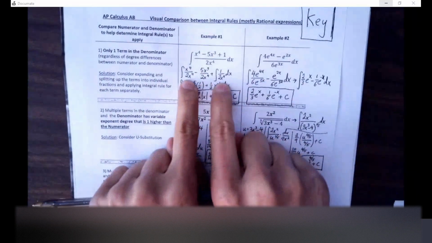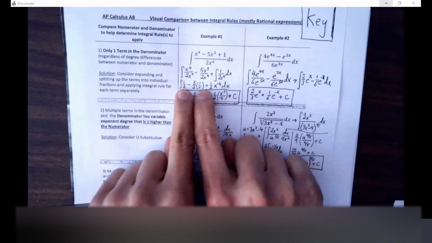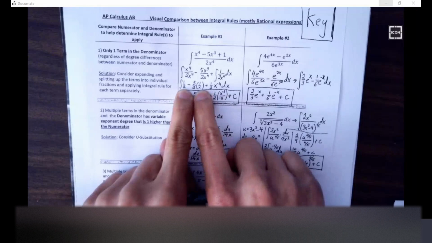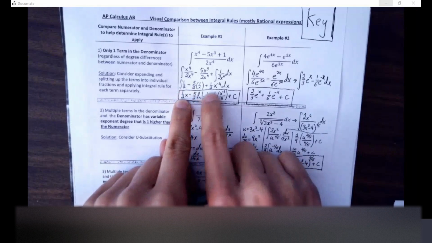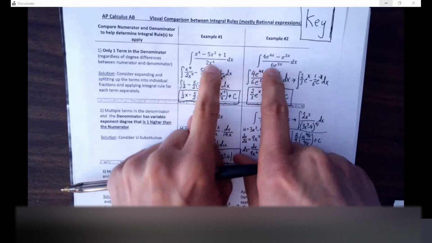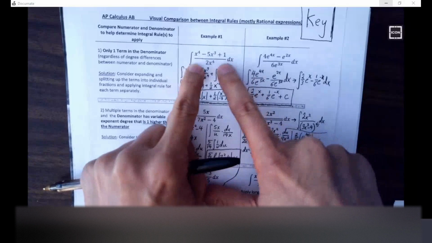If I were to split up into individual terms, I can clean this up, bring up the numerator, and then once I have it cleaned up, I can approach them individually. So 1/2 is power rule, 1/x is natural log, and then x to the -4 is power rule. But our first approach is trying to just separate into individual terms.